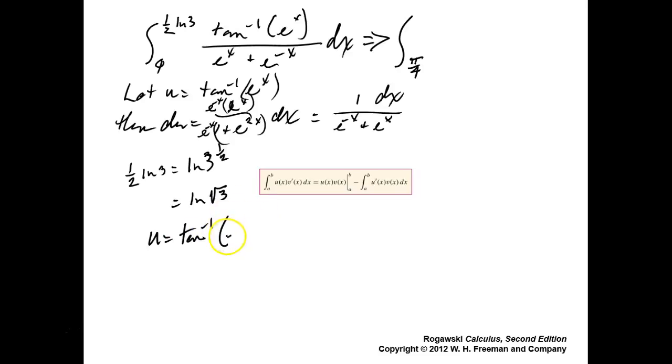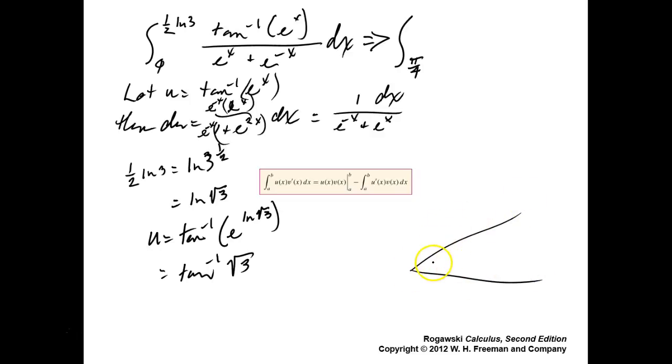e to the log square root of 3, and what would that be? Inverse tangent of the square root of 3, right? E to the log, those are inverse functions of each other. They undo each other. And what is the inverse tangent of square root of 3? It's going to be pi over 3, right? I have to stop and think about it a minute.